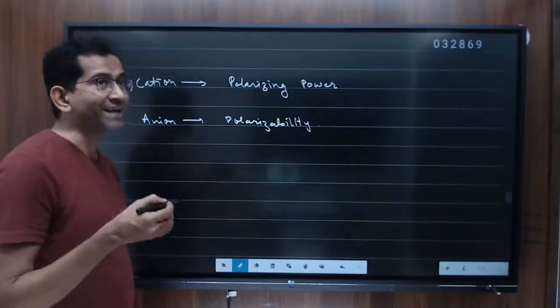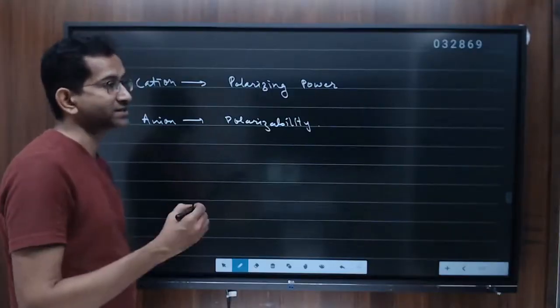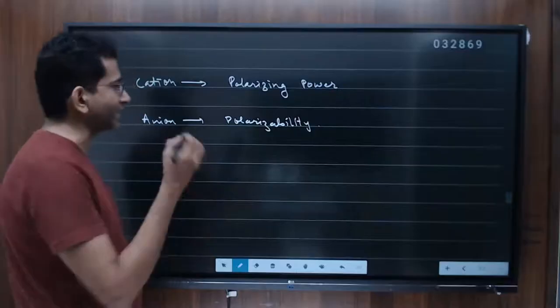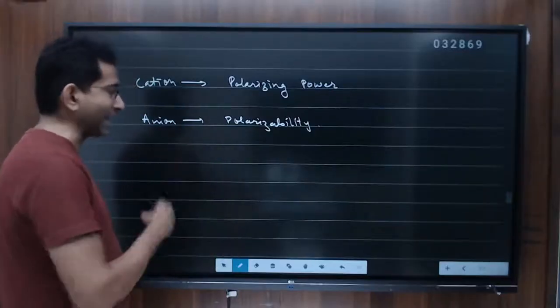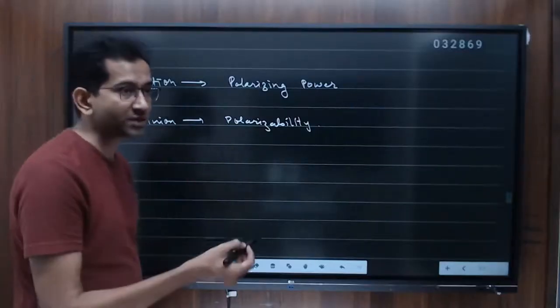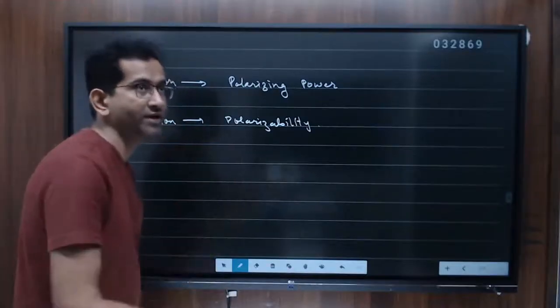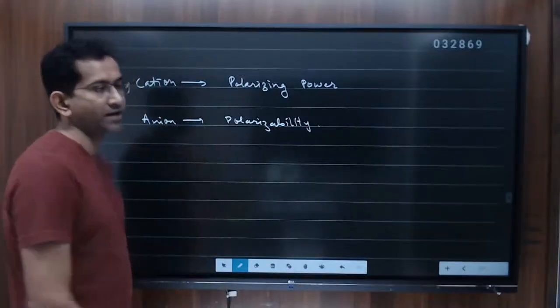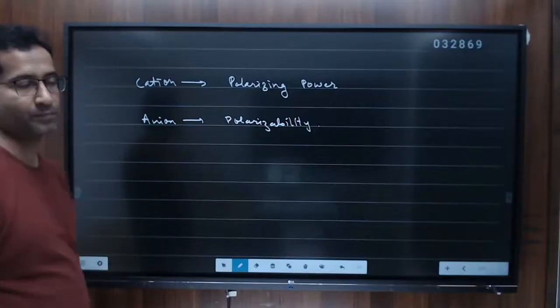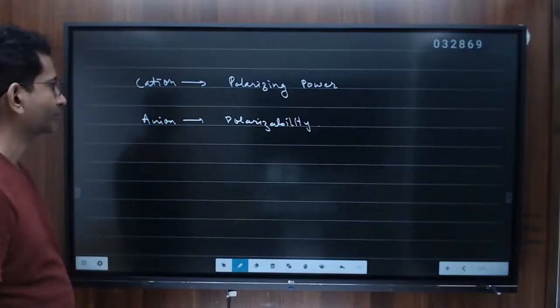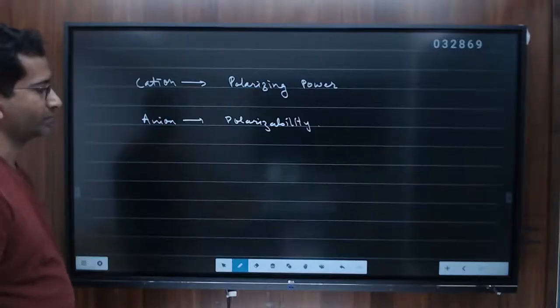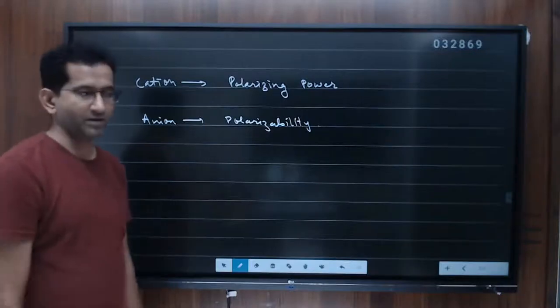So cation has a power of polarizing, that is called polarizing power. And anion is now submissive, it allows the polarization, and that is called its polarizability. You will remember this.